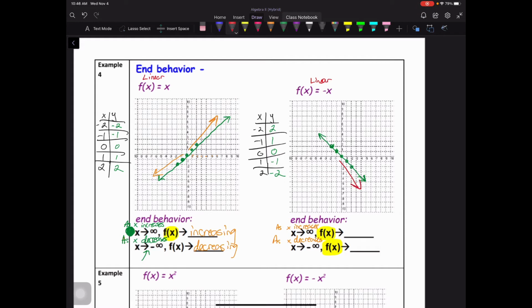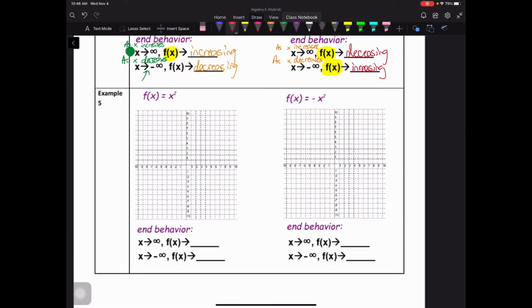This time, we're going down, so our function decreases, or is decreasing. As the x values decrease, or as they get smaller, my function is actually increasing. Fix that. Increasing and decreasing. So that's how we're going to look at these.